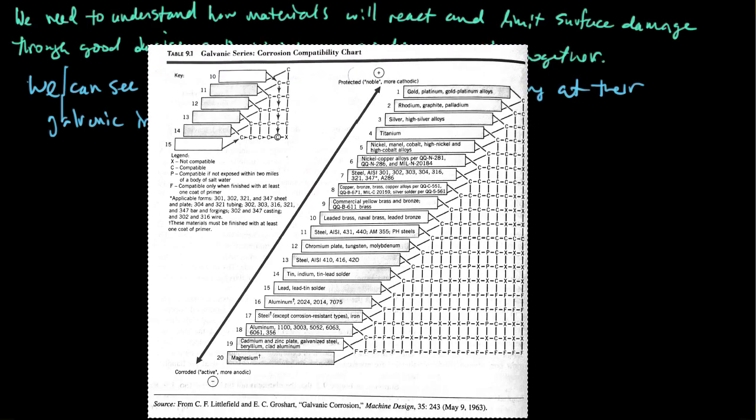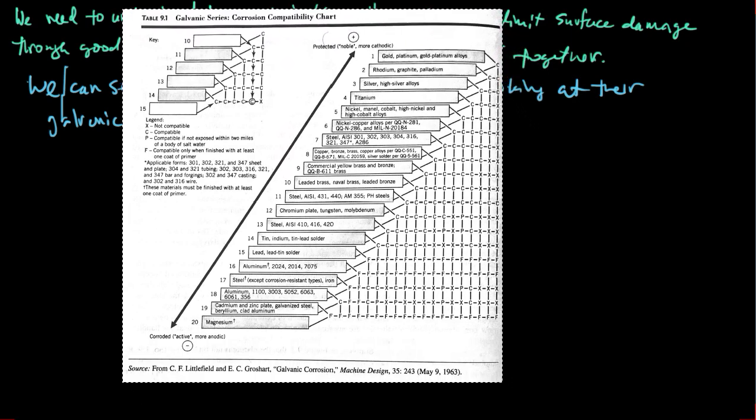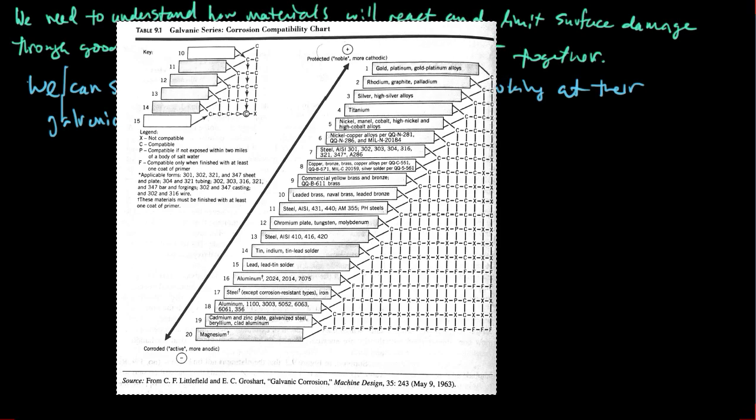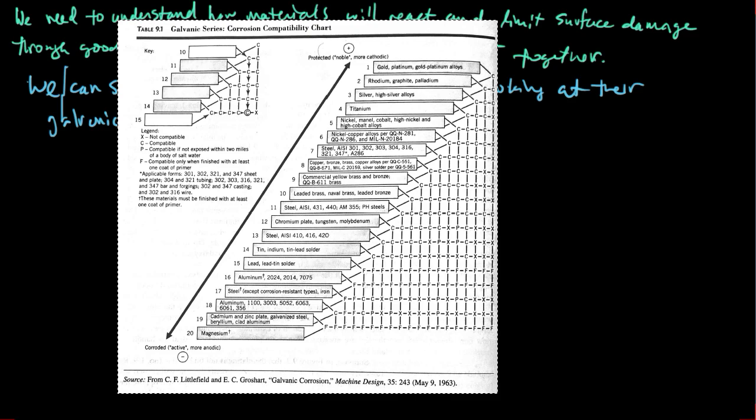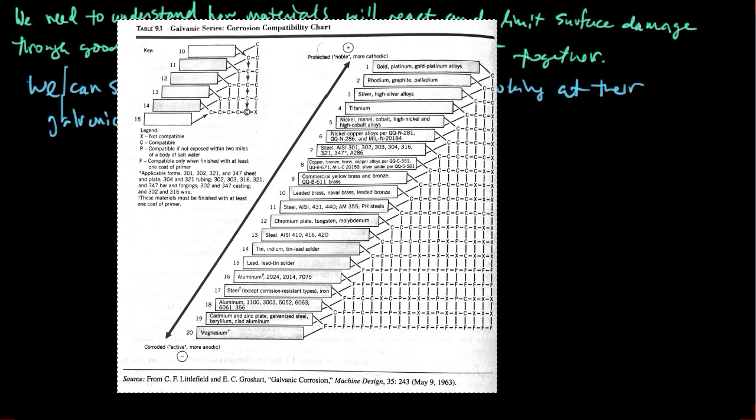If we have materials that are far away from each other, there's an area of the graph where we start to get X's, and we see that they are really not compatible with each other.